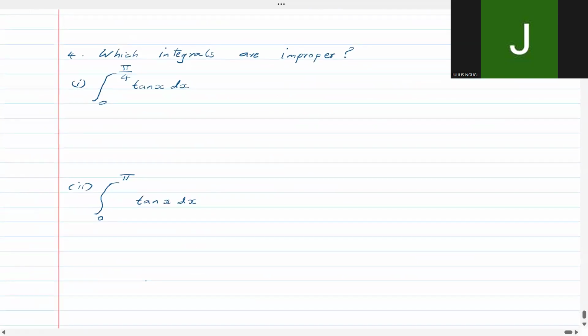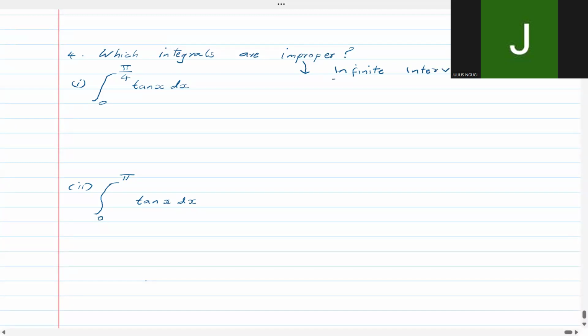So let's do number 4. Which integrals are improper? To know if integrals are improper, you need to know 2 things. One, they may have infinite intervals. And we have 3 types of infinite intervals.